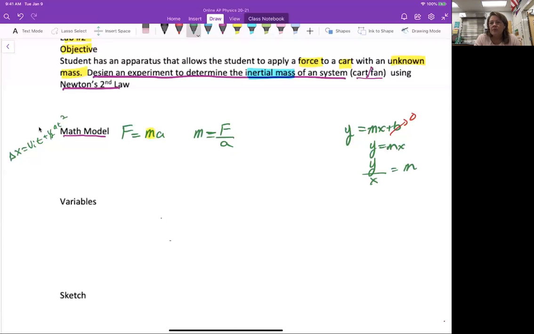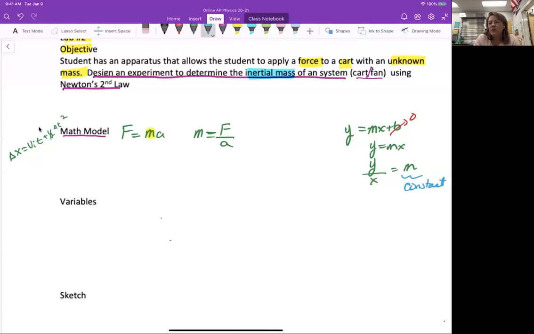All right. So if I graph a variable and place it on the y-axis versus another variable and put that on the x-axis, and it has a linear relationship, I can use this relationship and find the slope to be equal to something. Okay, let's see what I'm trying to say. All right, this is constant.